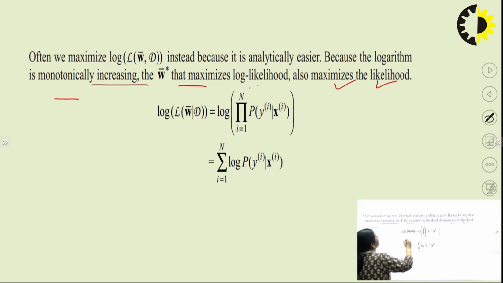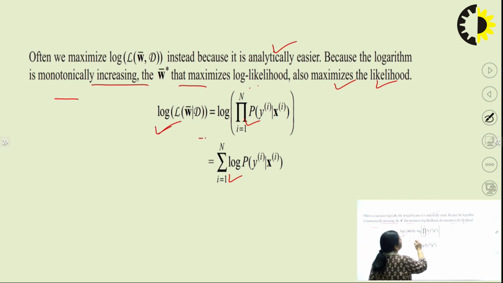It becomes analytically easier, because the product is converted to a summation, and summation is comparatively easier to calculate. The calculation complexity decreases when we convert a multiplication problem to an addition problem. So that's why we go for log likelihood. So this is our logistic regression.